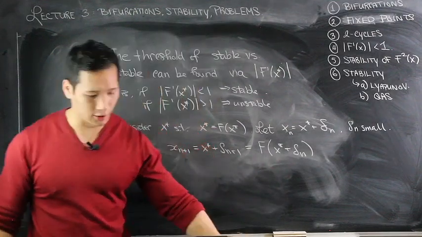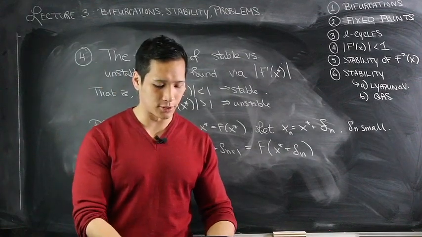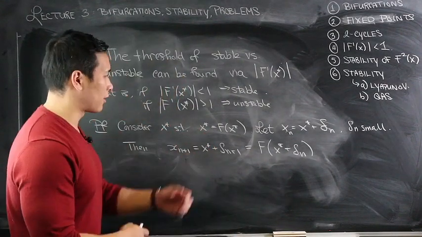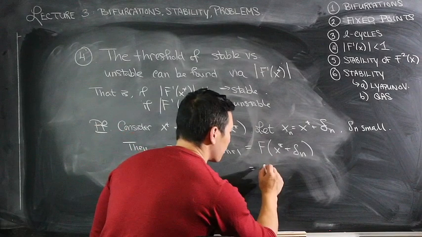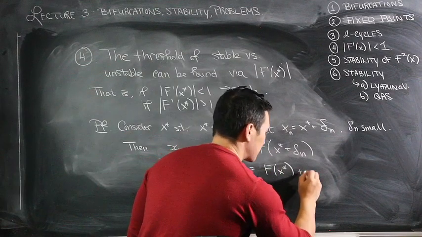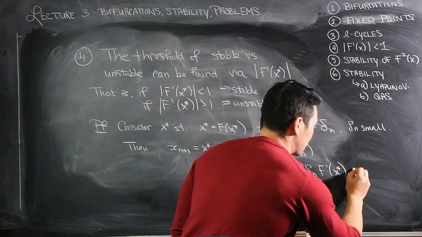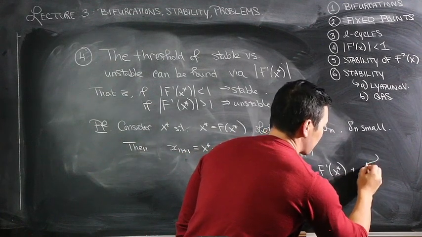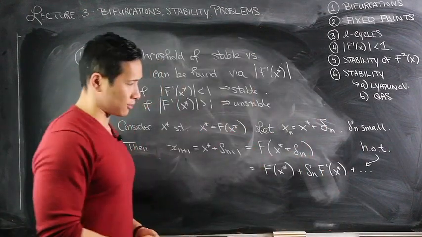And next week we're going to go a bit of a review, because I know that some of you might not be used to working with Taylor series. But for now, the point here is that when delta n is small, you can approximate this as f of x star plus delta n times f prime of x star plus dot dot dot. So these are HOT, higher order terms.